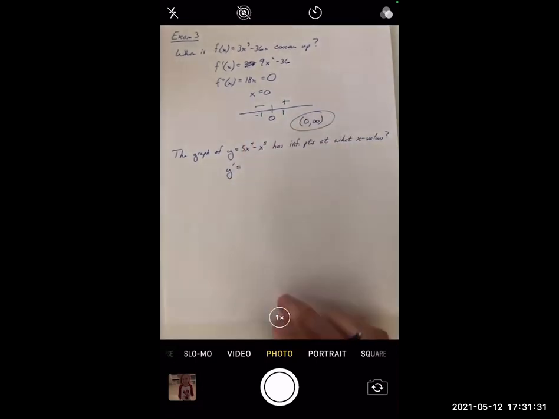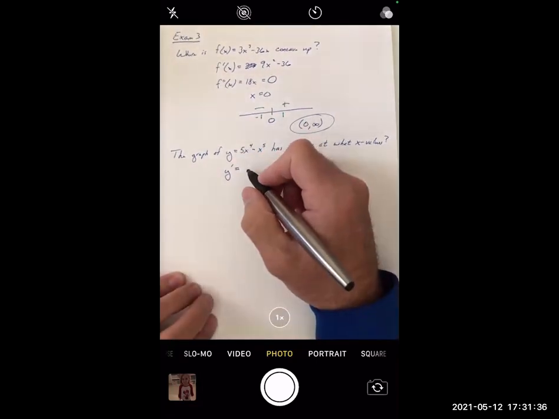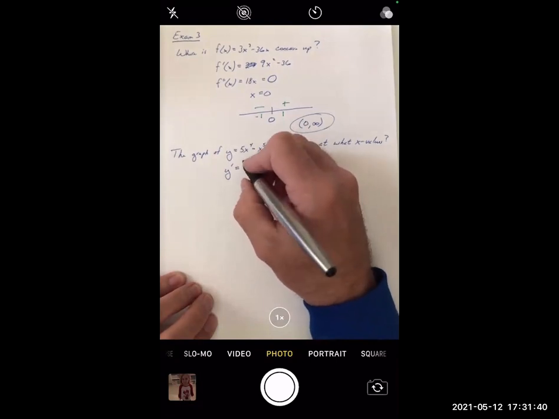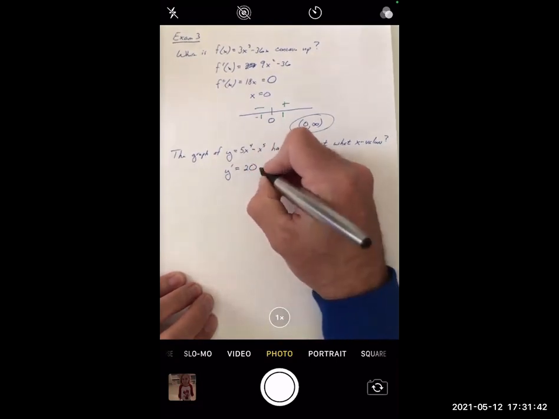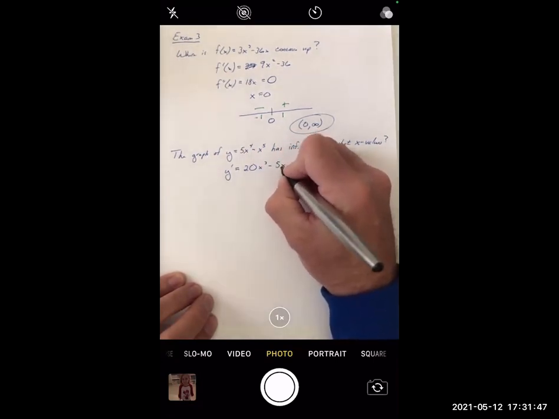So what's your first derivative? 20x to the 3rd minus 5x to the 4th.